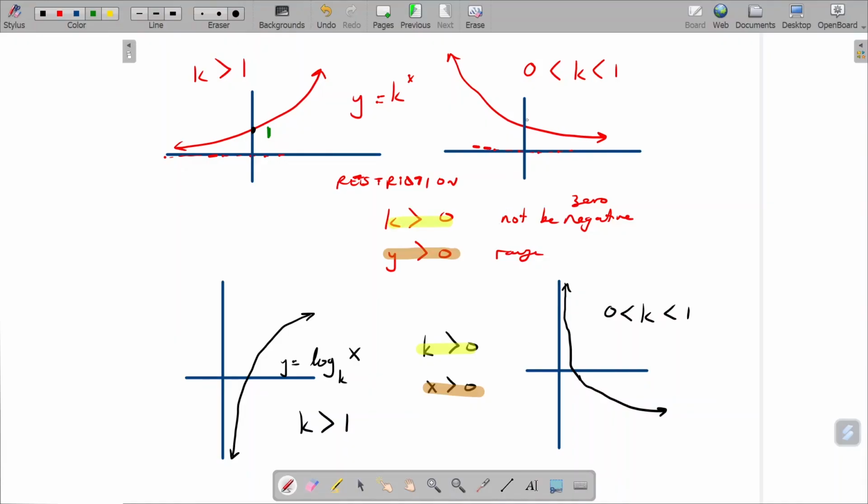In a stock standard exponential graph, the x-cut is always 1, because we know that anything to the power of 0 is 1. We actually know this: a to the naught equals 1, as long as a itself does not equal naught.